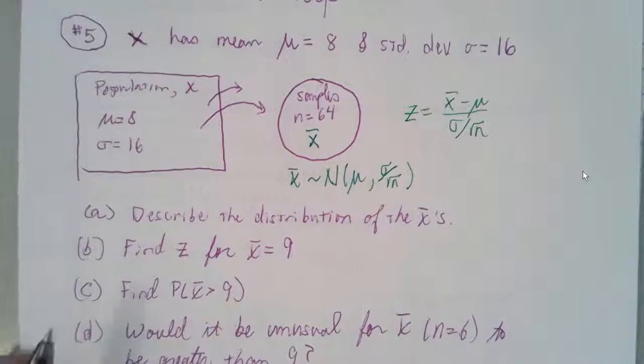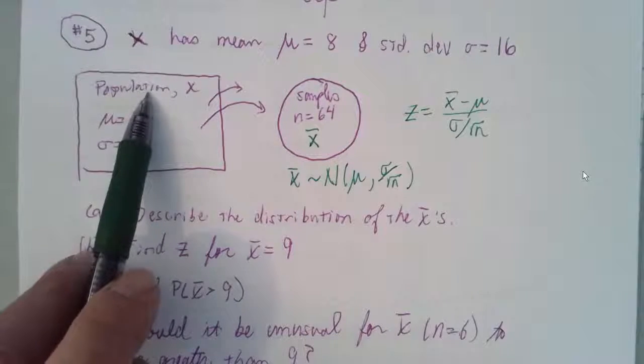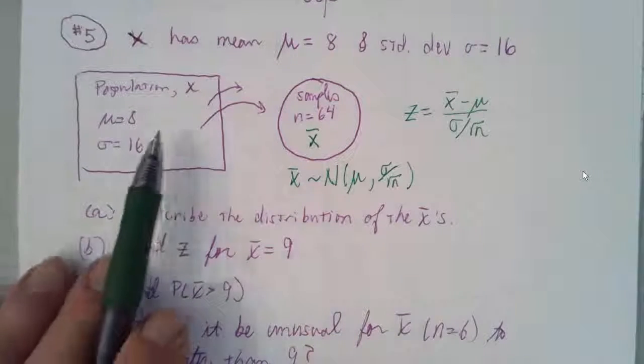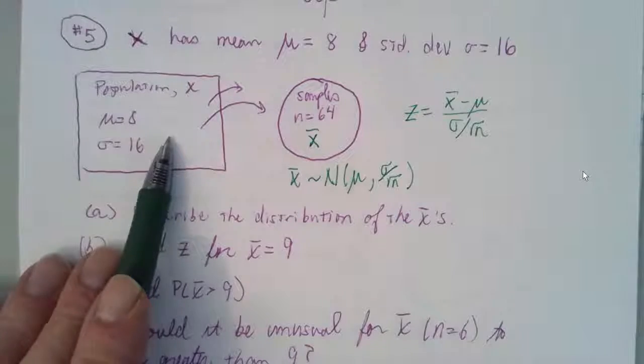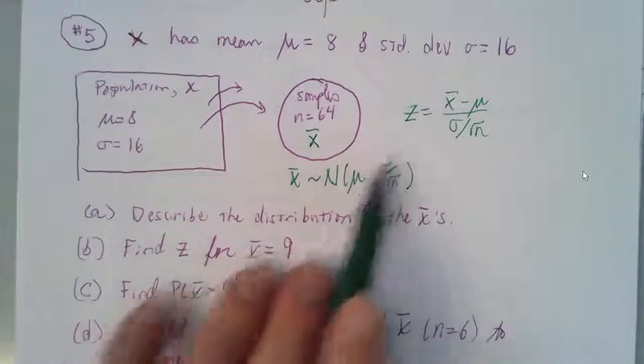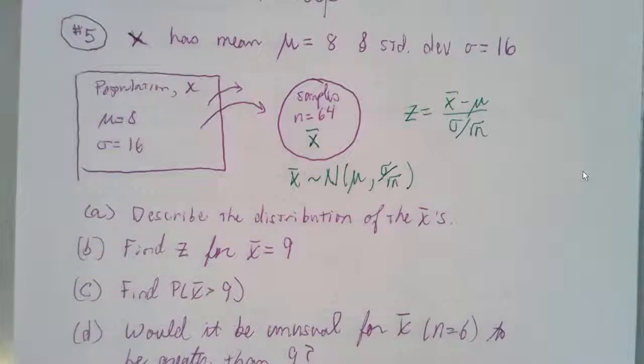But it's hard to give a recipe for that in general. It depends a lot on the details of this back here. Generally speaking, though, in the absence of strong skew or outliers, we say that these kinds of calculations are good as long as n is at least size 30 or more. So our size 64 is easily within that limit, and we're ready to go.